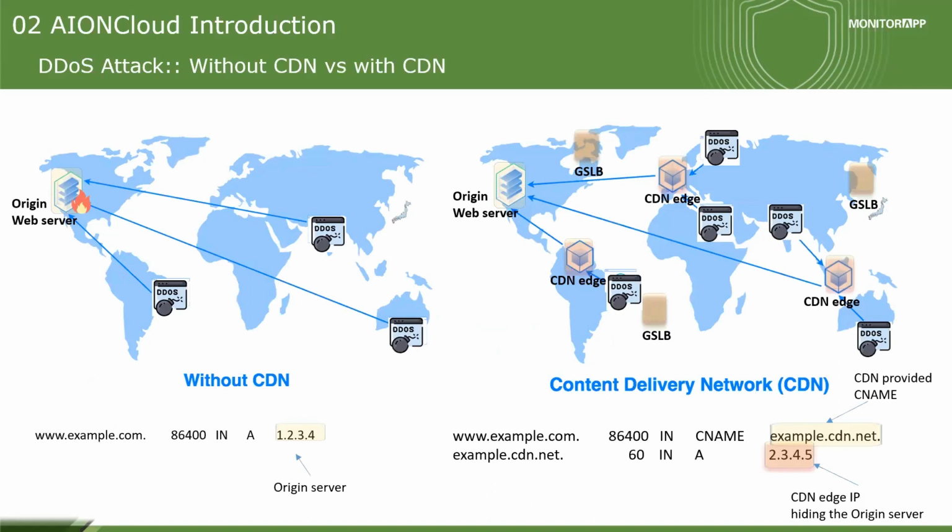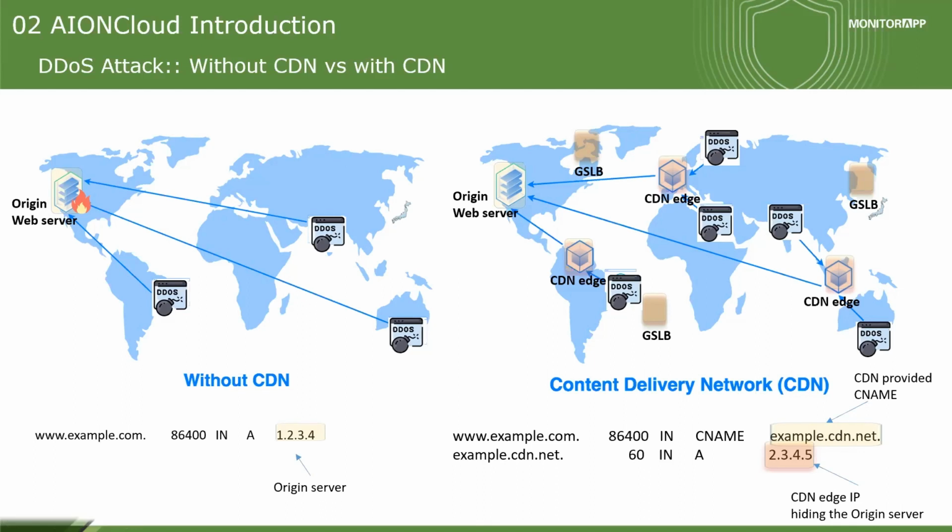And also the important part will be the DDoS attack. If you don't have a CDN, as I mentioned, your domain is pointing to single or multiple IP addresses, then all of the traffic, including the DDoS, will centralize to the origin web server. But if you enable the CDN, your domain is named to a CDN provided domain and pointing to CDN edge IP addresses.